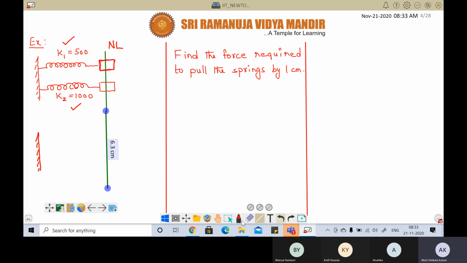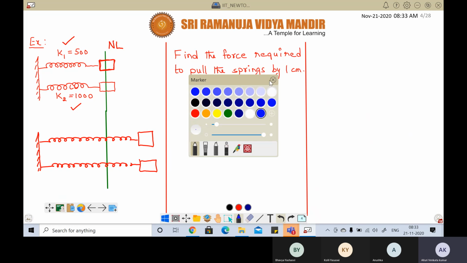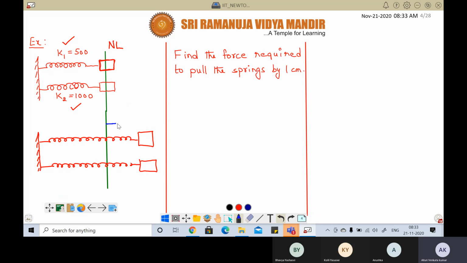Now the first spring I elongated like this. The second spring also I elongated like this. In both cases my elongation, delta x, is how much? 1 centimeter.